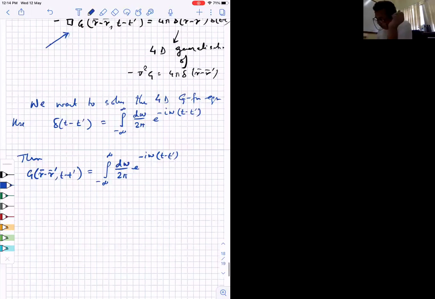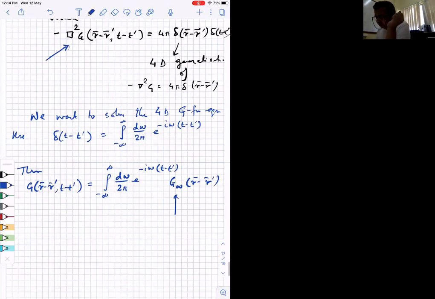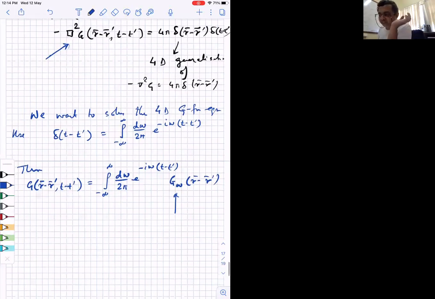Once I write it down, I can find out this as a function of R minus R prime, which is just like a solution to the three-dimensional Green's function.